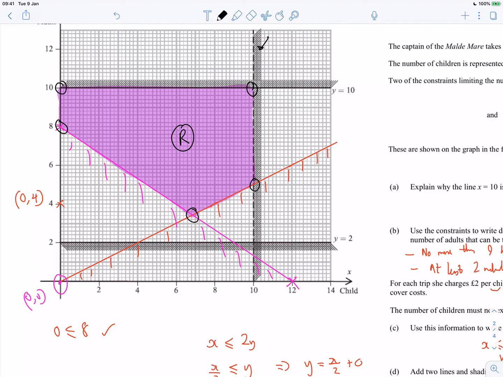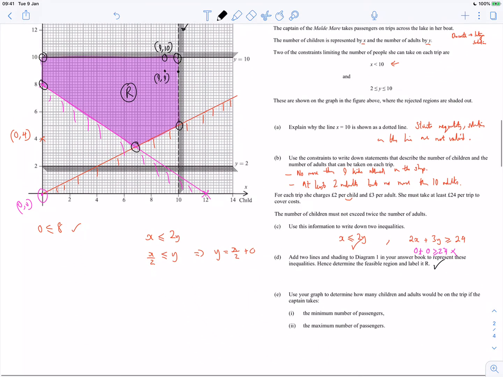So the next point in would be over here, which is 9, 10. And then the next point down would be 9, 9. And I'm not interested in 10, 9 because that's on the line. So that will do. Okay, so vertices wise, any vertices on here will satisfy it. So on the left hand side, we've got x is 0, y is 8.